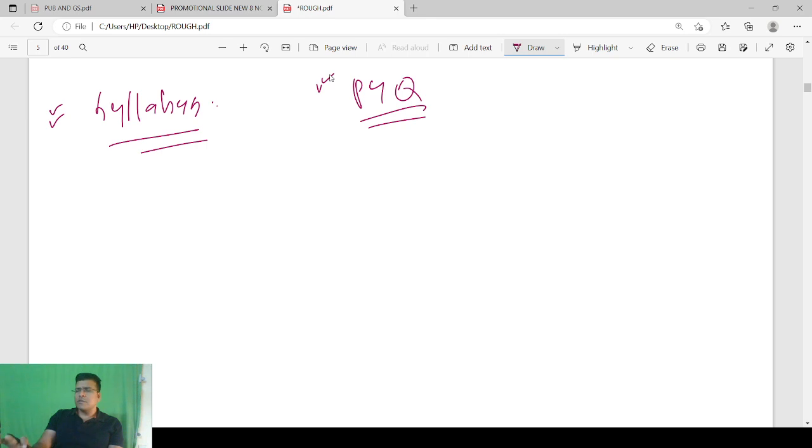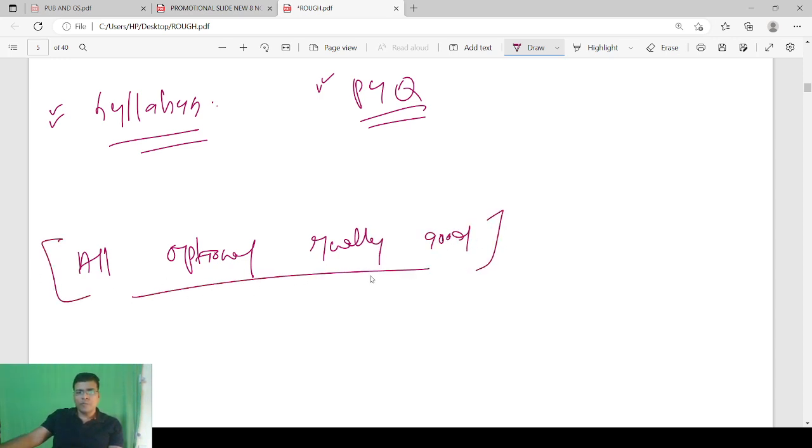And again, last, every optional is good. All optionals are equally good. You can get good marks. You can get 300 to 350 in all optionals.